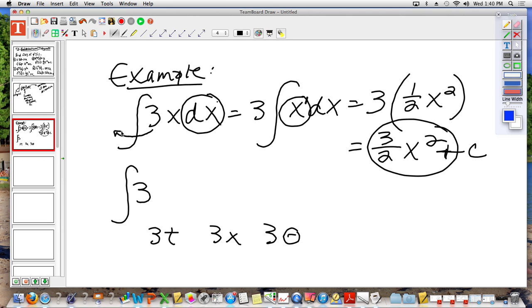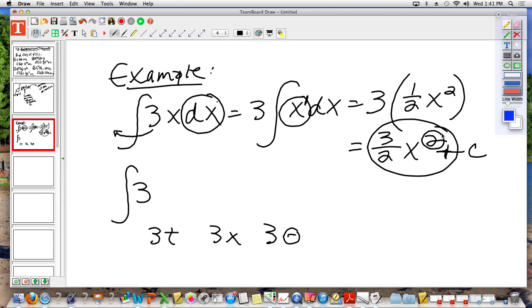Okay, let me talk to you about where I came up with this. This x was to the first power, right? So your original function that you're trying to come up with was to the power of 2. How do I get from 1 to 2? You add 1. Now remember, if this is what you started with and I had asked you to find the derivative, what did you do to that power?